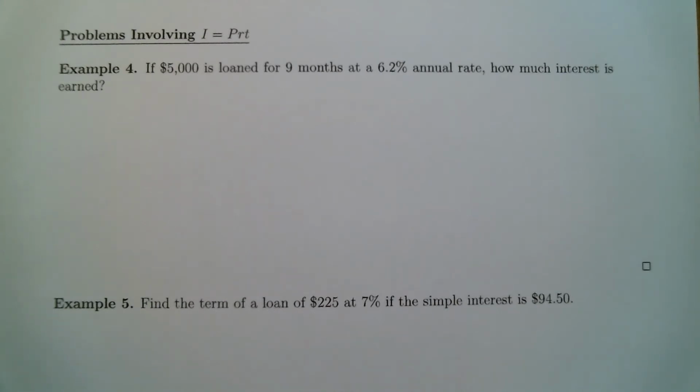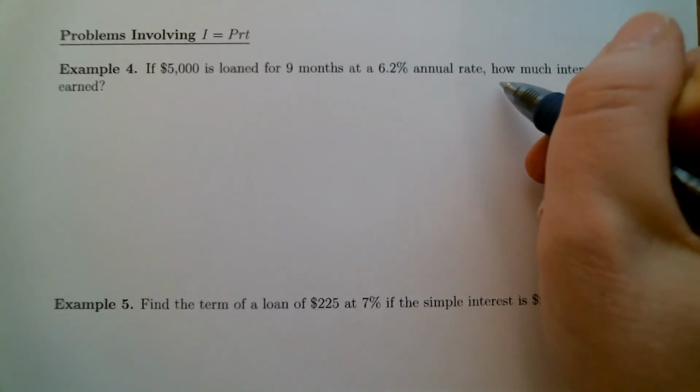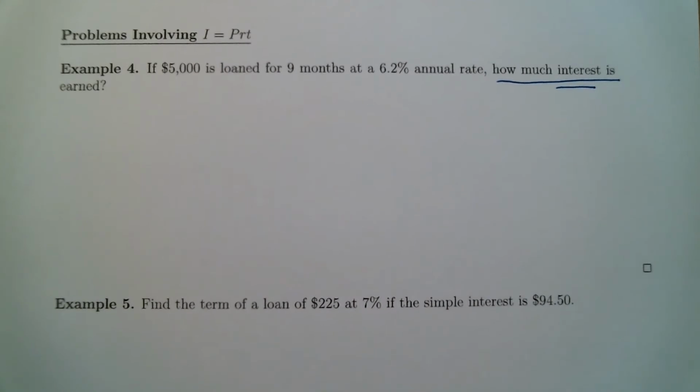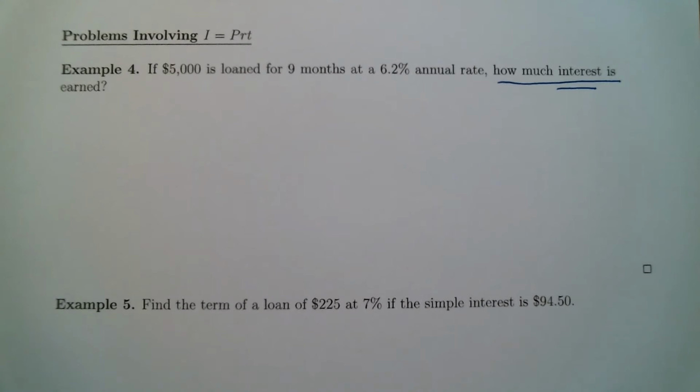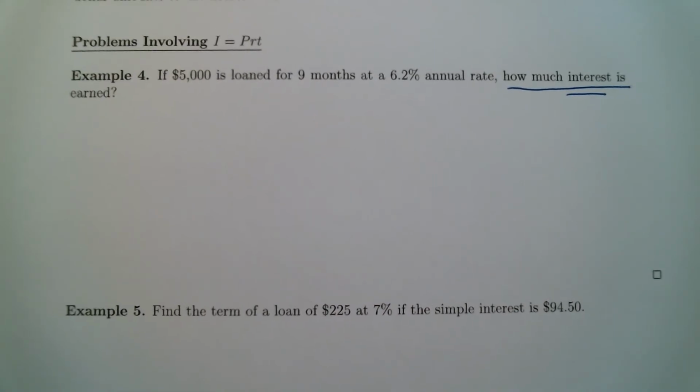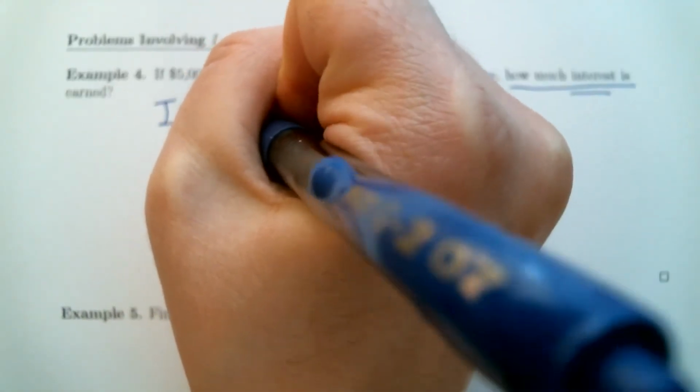When you read this one, the question is how much interest is earned? So you're looking for interest. So you should be using the I equals PRT formula because this formula directly says you're looking at interest. So we're going to use I equals PRT here.